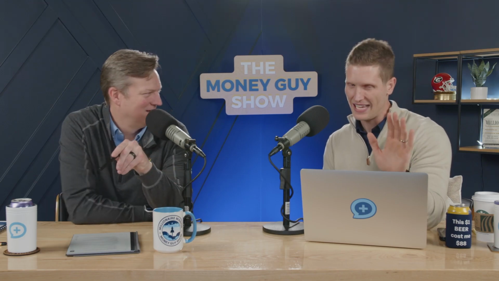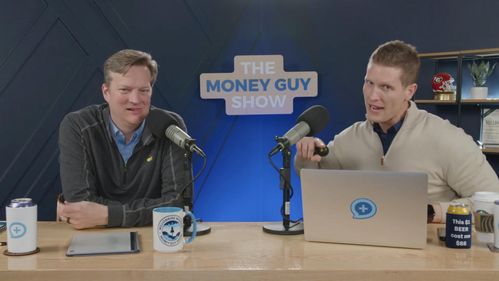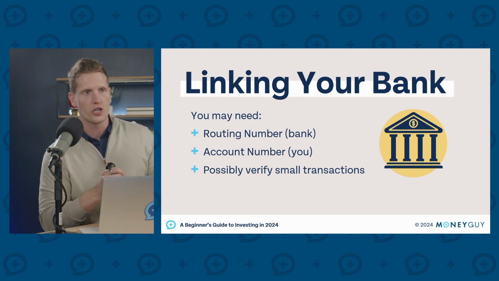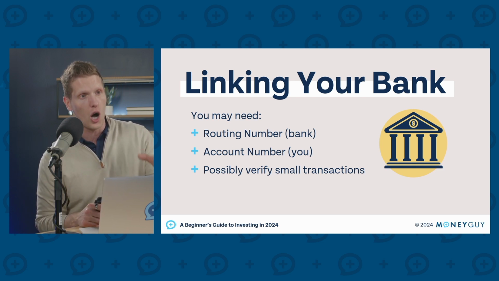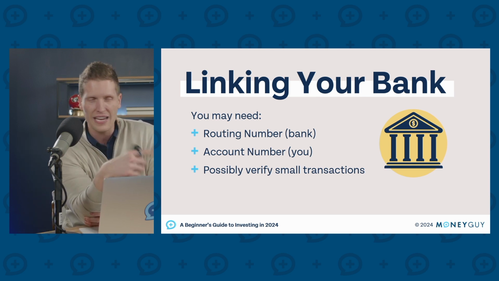You haven't actually done anything yet. So the next step is once you get the account opened, then you have to link your bank account because you have to have some way to get money into the account. Now, obviously, you could write a check and you could send it to Fidelity, but what's going to be easy, because we want you to always be buying, we want you to set up a systematic savings plan, is we're going to argue, why don't you set up your checking account to link to it?